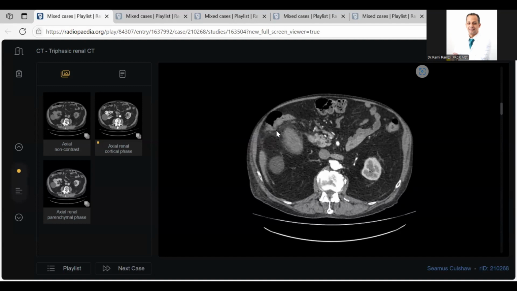Oncocytoma should also not be biopsied. Why? Anyone knows? Please write in the chat box. If anyone knows, please write in the chat. Why oncocytoma? What will our management be?